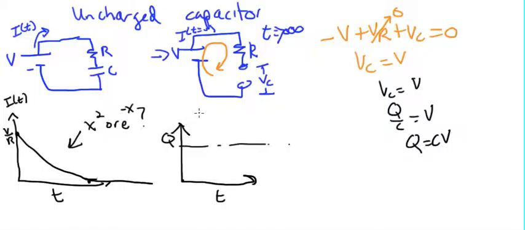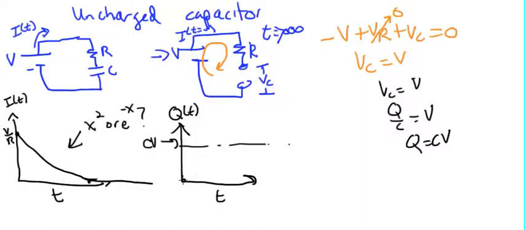So this height up here is CV, and then this is Q of t. It's going to start off at 0, and it's going to infinitely approach this.